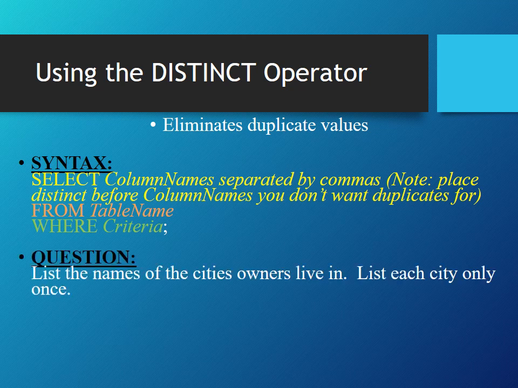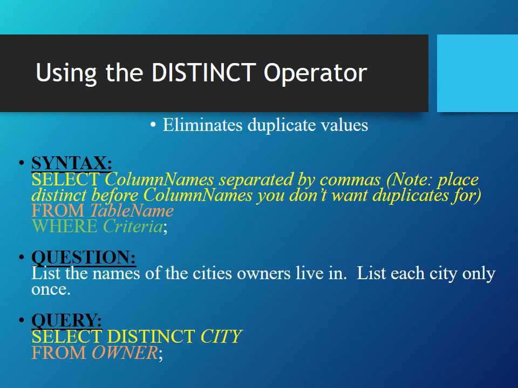An example is list the names of cities owners live in. List each city only once. The query would look like this. Select the keyword distinct before your column named city. That means I'm going to find all distinct entries for that column city, and then from owner.